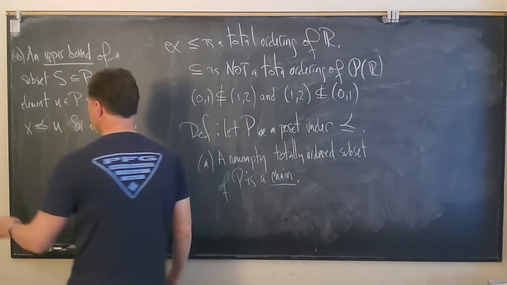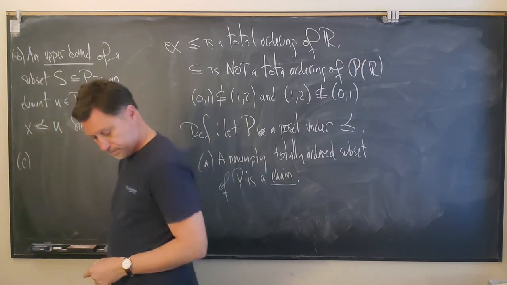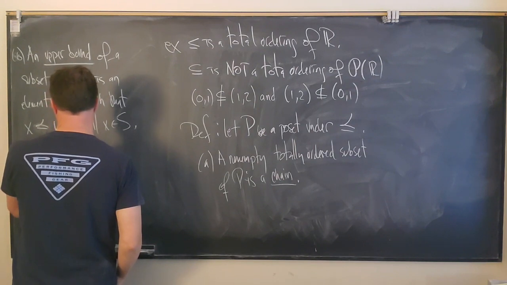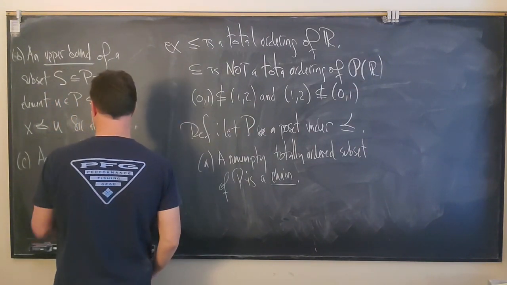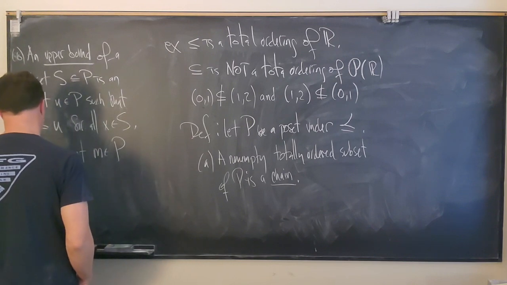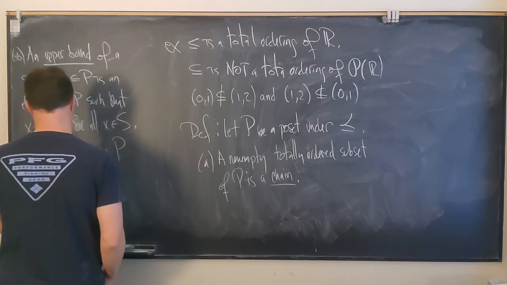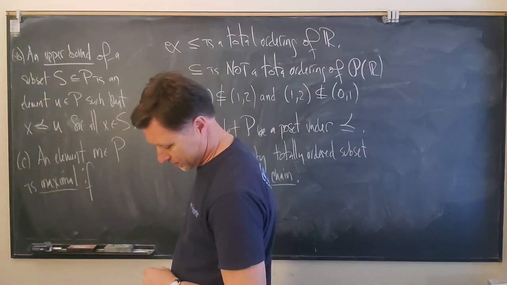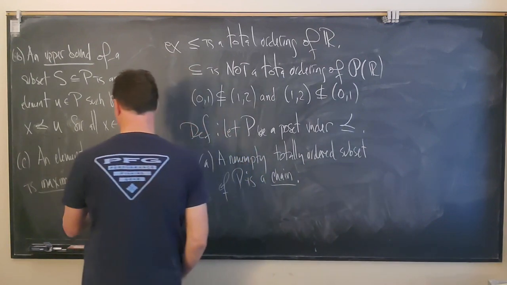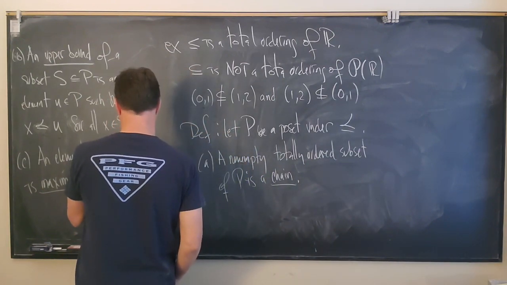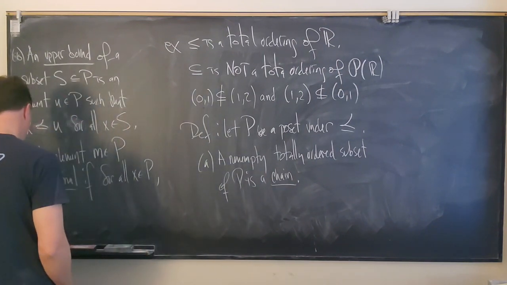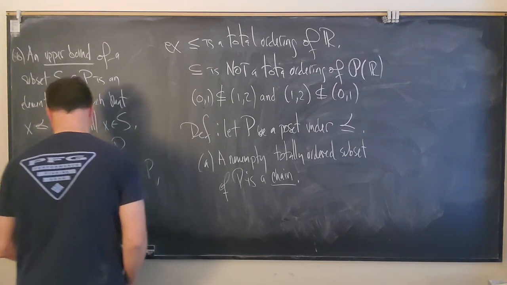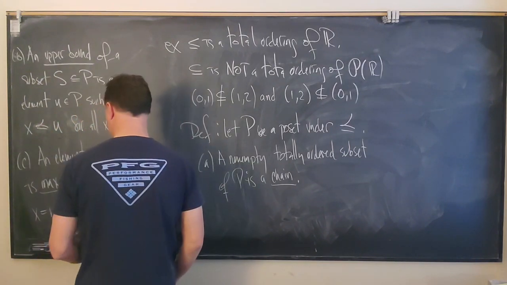And then part C, an element little m in capital P is maximal if for all x in P, x is equal to m whenever m is less than or equal to x.